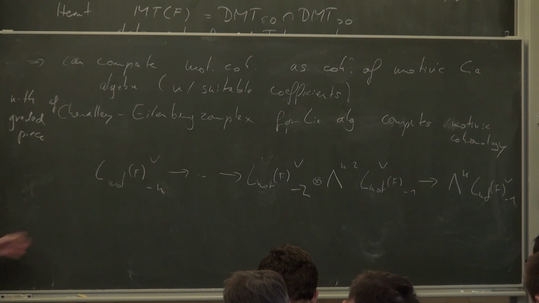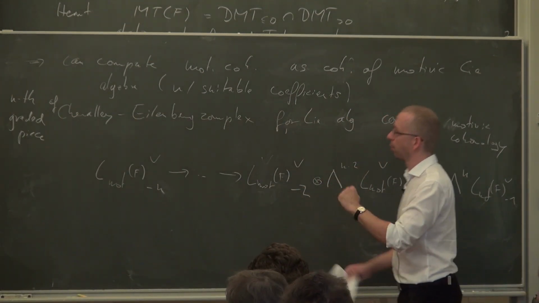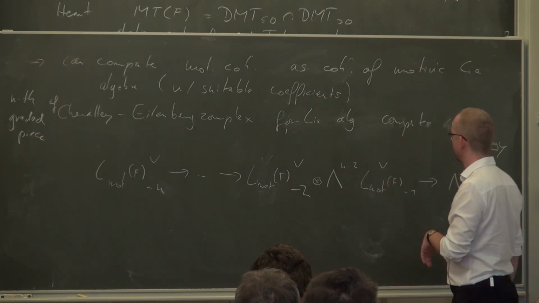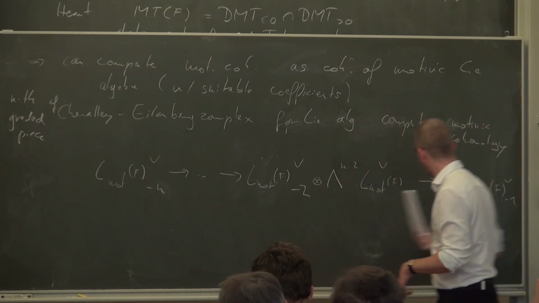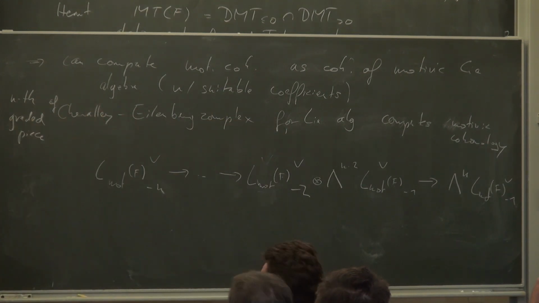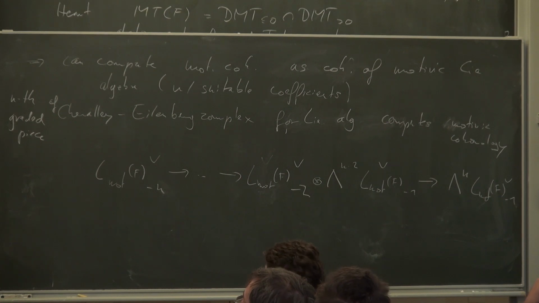Right, and that is basically, assuming Beilinson-Soulé, we can compute motivic cohomology in terms of a Chevalley-Eilenberg complex for the motivic Lie algebra. And that tells us already something about the form such a complex should have. We can be more specific if we throw in more conjectural statements. That will be the last thing I want to say here.